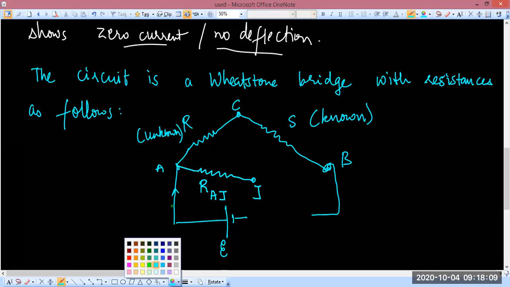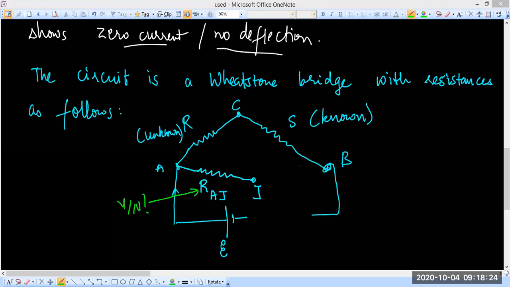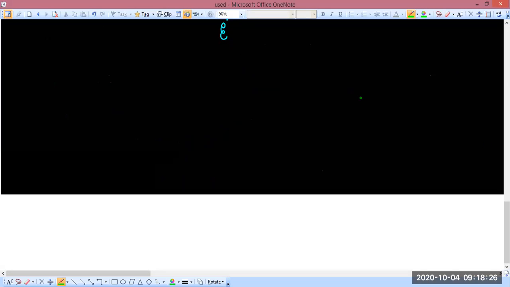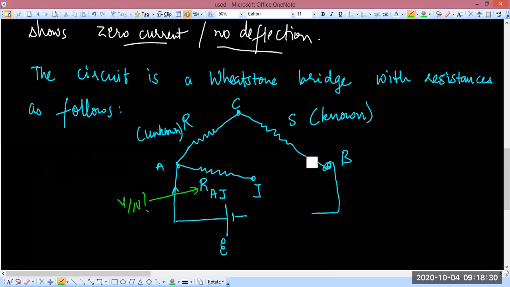This is the resistance of the wire from A to J. Actually, I've not been able to draw it in a shape that you would like, but I'm sure you will be able to see that it's actually a Wheatstone bridge. Let's say B is here, that would make it easier.